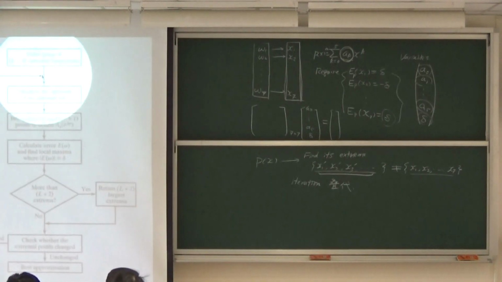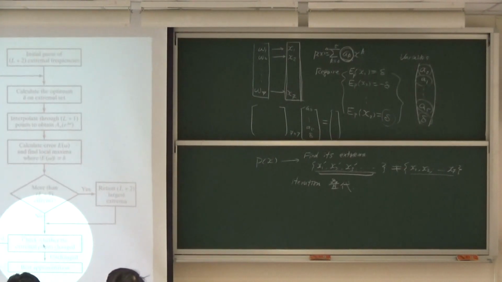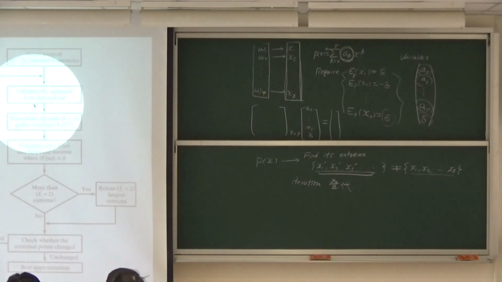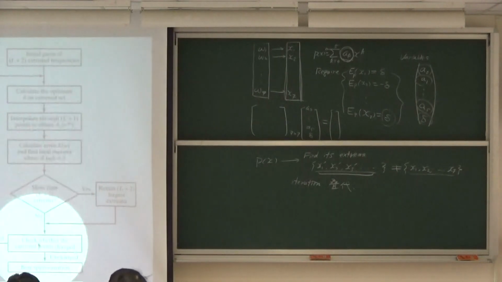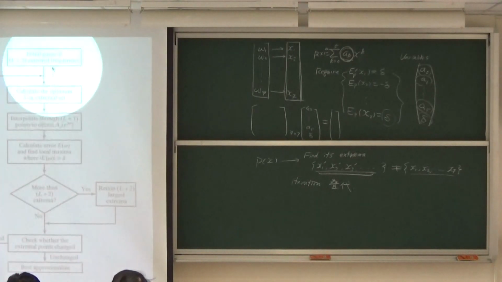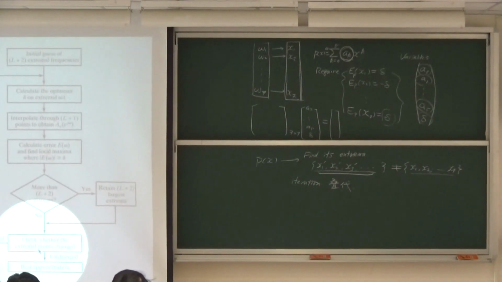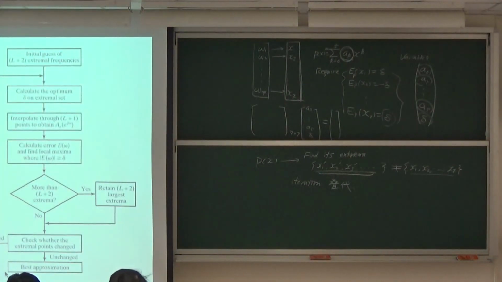We replace the list of extremal frequencies by the updated result and calculate the new delta. Hopefully, by iteration, delta will keep decreasing until both delta and the list of extremal points converge. We check the convergence criteria, and if these things don't change too much, we say we have probably found a close enough approximation to the optimal solution.